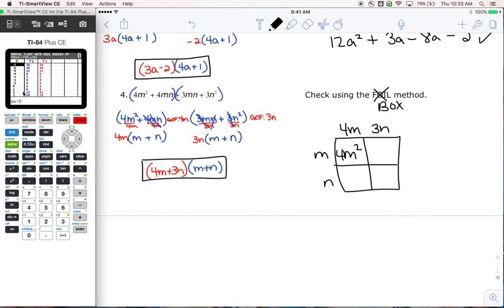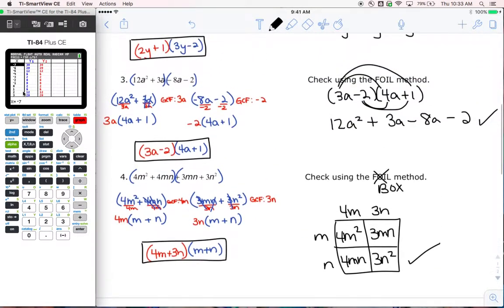This would be 3mn, check, that was one of them. This would be 4mn, check. And finally, 3n times n would be 3n squared, check. So these four terms match the four terms I started with, which means that I did it correctly.